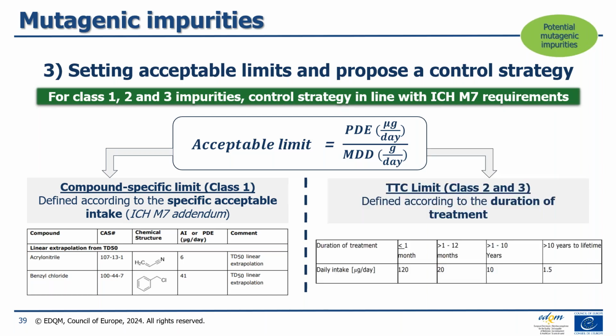In case of class 2 or class 3, there is no specific acceptable intake available. So in this case, you will follow the TTC approach, defining the TTC limit, which will be defined according to the duration of the treatment. So as you can see in this slide, the acceptable intake of 1.5 micrograms per day is considered to be protective for lifetime daily exposure.